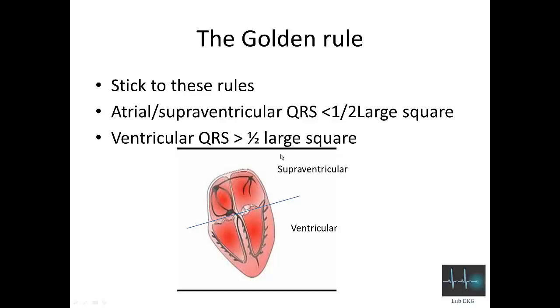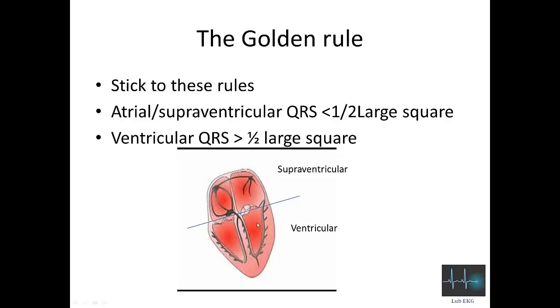The way that you can see on an ECG where the signal originates from is by the QRS complex. If the signal originates from the atria, you will have a QRS complex that is less than half a large square. A QRS complex that is small and slim. And that's what we want to see when we look at QRS complexes. We want them thin.